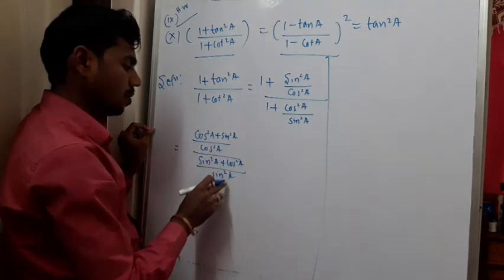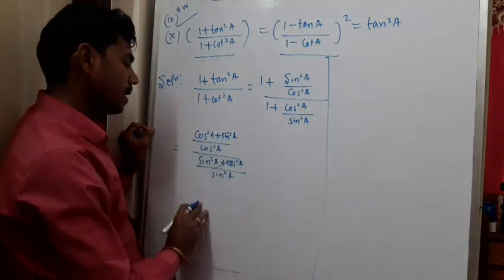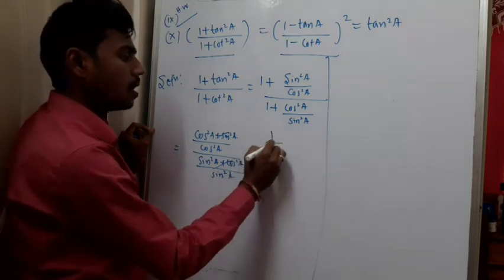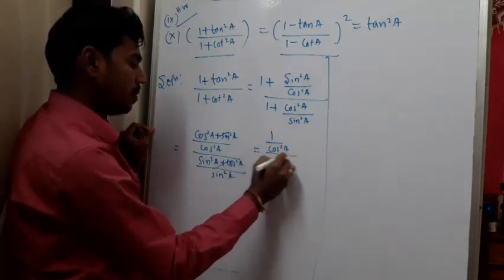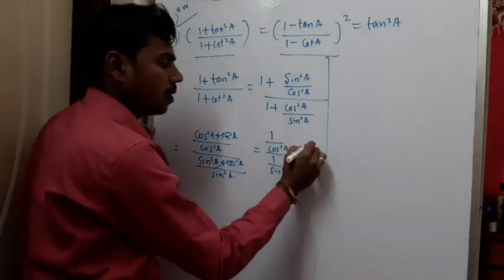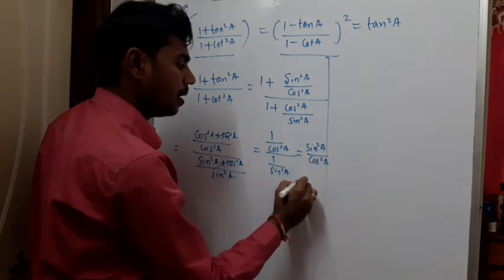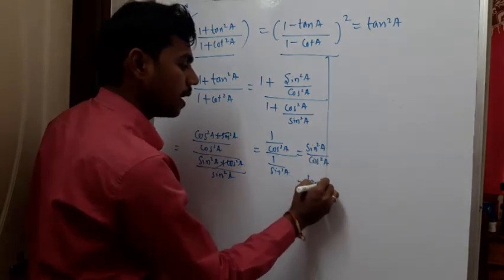Sin square A plus cos square A is 1, so this and this will get cancelled. So 1 by cos square A divided by 1 by sin square A. So sin square A will go to the numerator and cos square A will stay in the denominator, which is equal to tan square A.